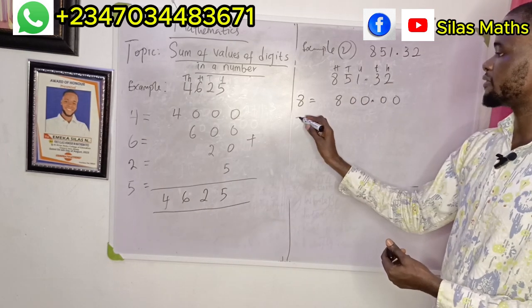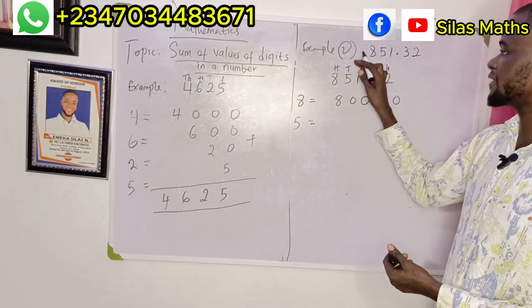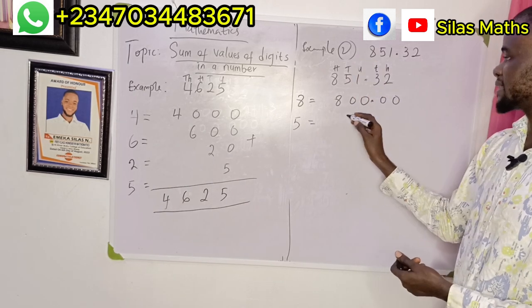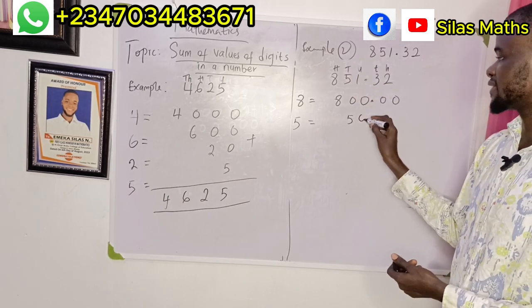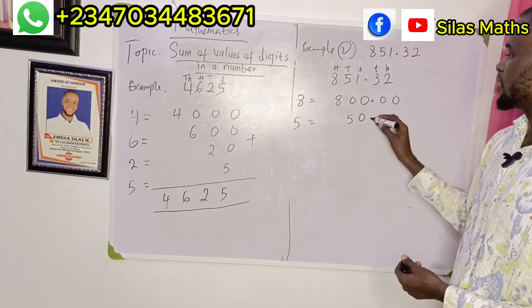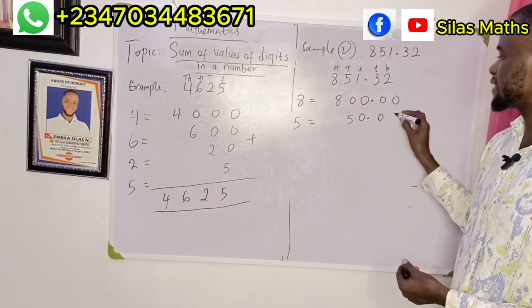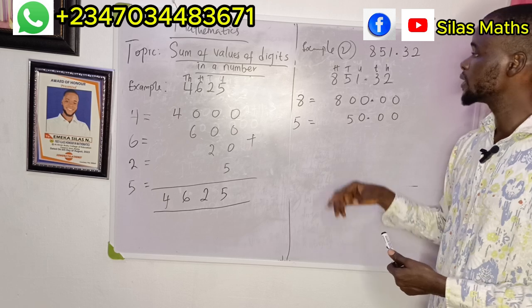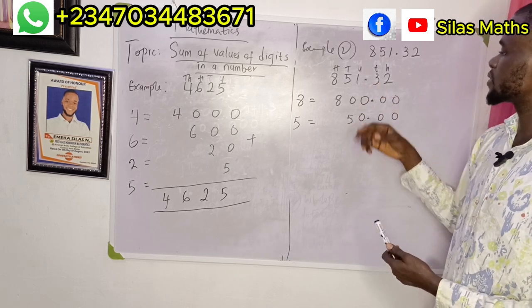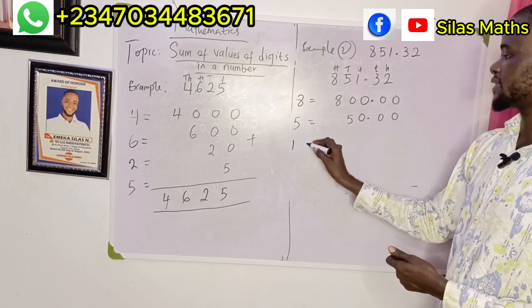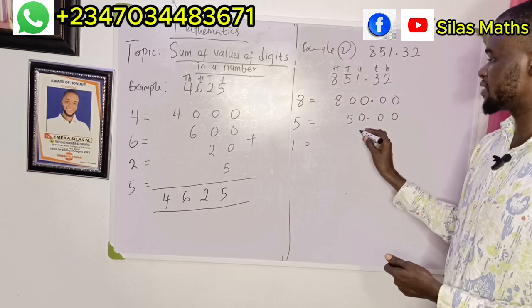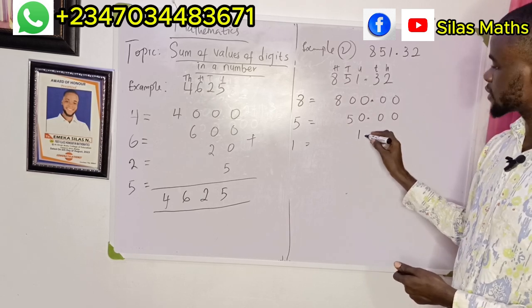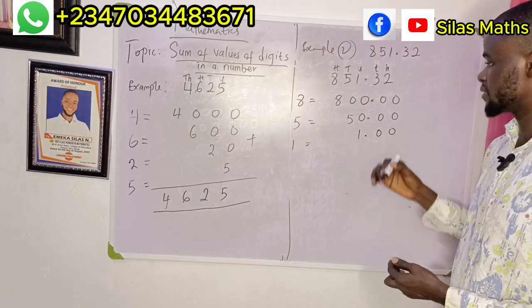The value of 5 is 5 tenths, which is 50. Then we'll put our point and then add 2 zeros. Over this way we come to the 1. That's 1 unit, and 1 unit is just 1. Just put your point and add 2 zeros.